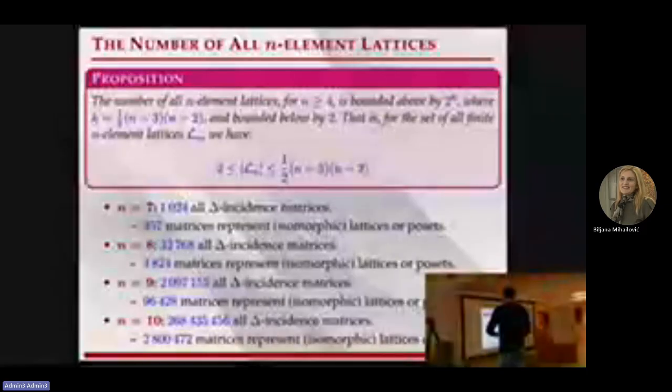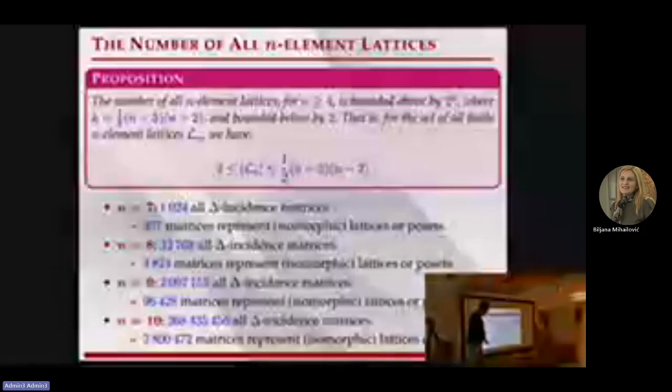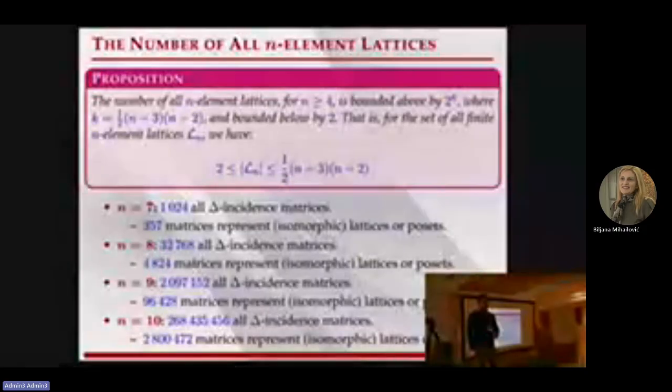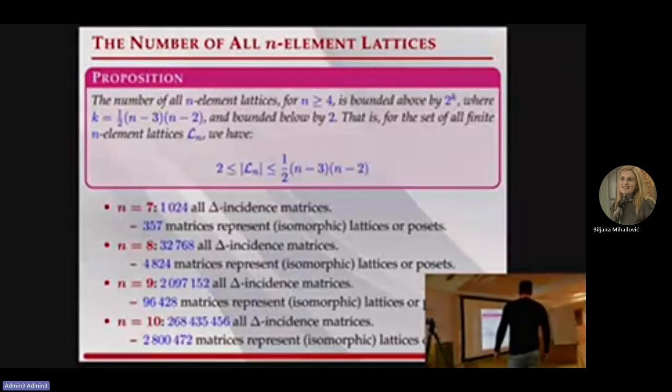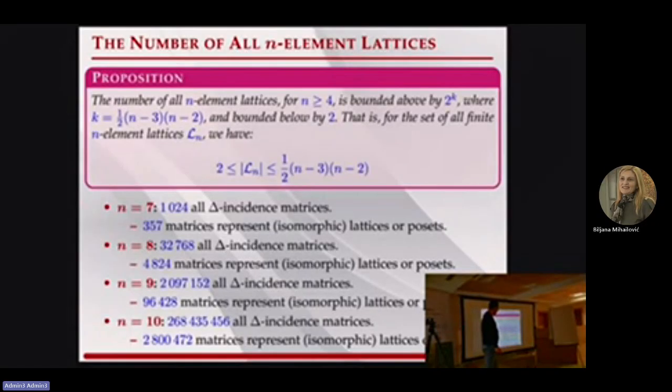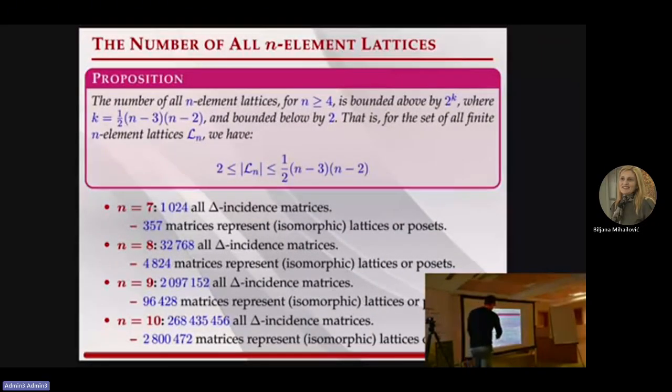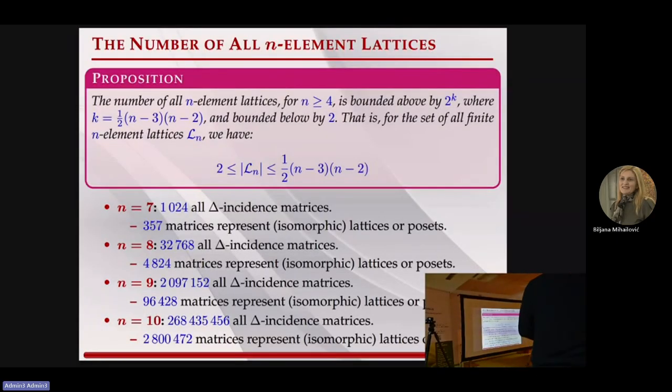For example, for 10-element lattices, we have 2^68 delta incidence matrices, but only less than 3 million are useful to us. But among these matrices, there are posets. So this is a very hard problem, how to remove these matrices.